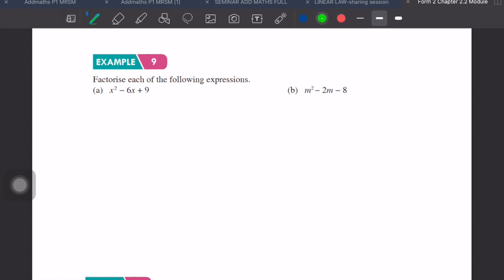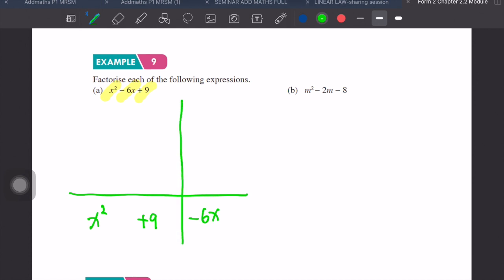Okay, we identify. So we have x square, negative 6x and plus 9. Okay, tulis. So kita ada x square. Kita ada plus 9. Kita ada minus 6x. Okay. Buat kotak di sini.